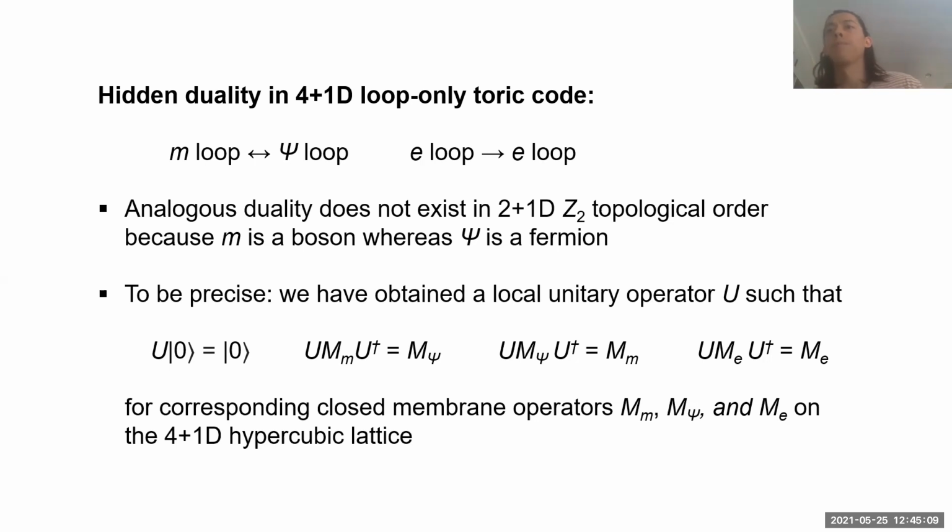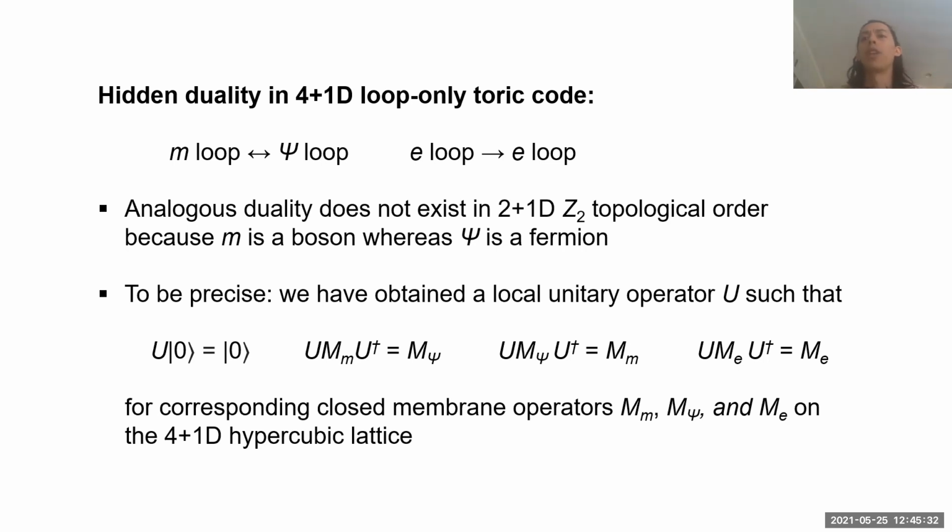So clearly, an analogous duality cannot exist in the 2+1d toric code because the M anyon is a boson, whereas the psi anyon is a fermion, and so this precludes any duality that interchanges these two excitations.